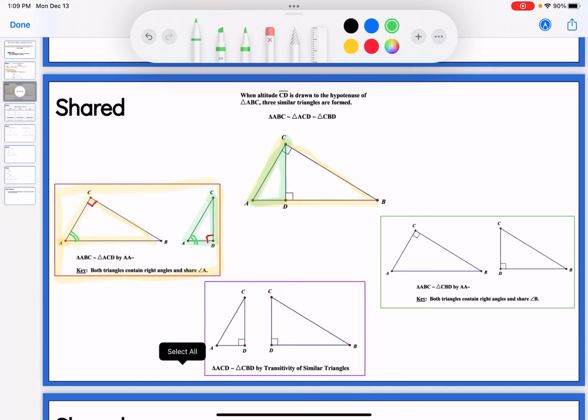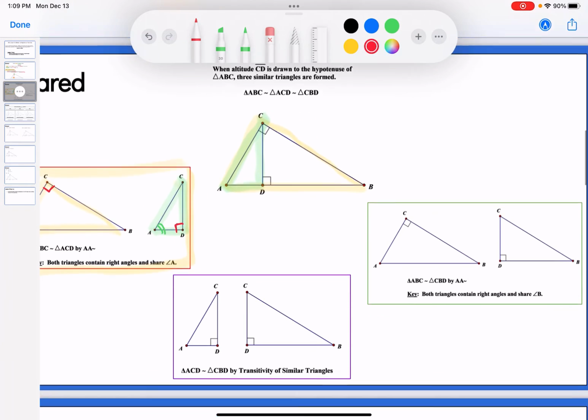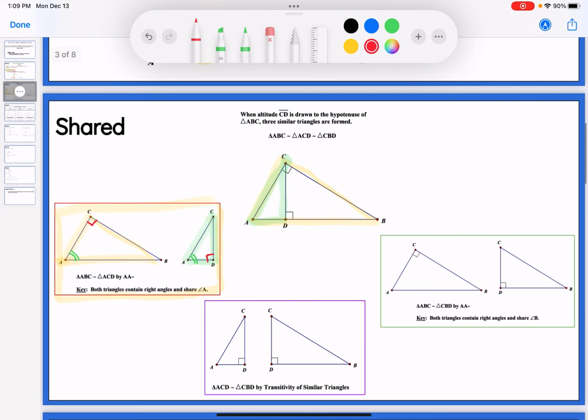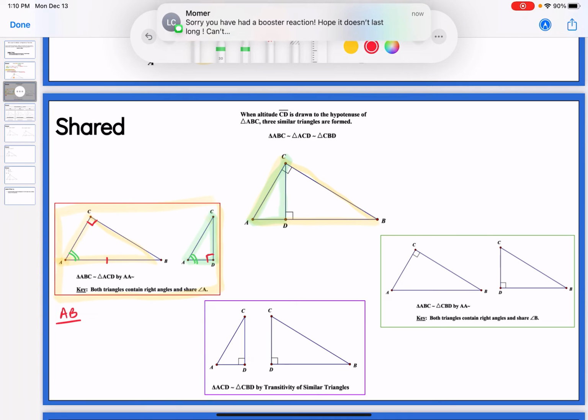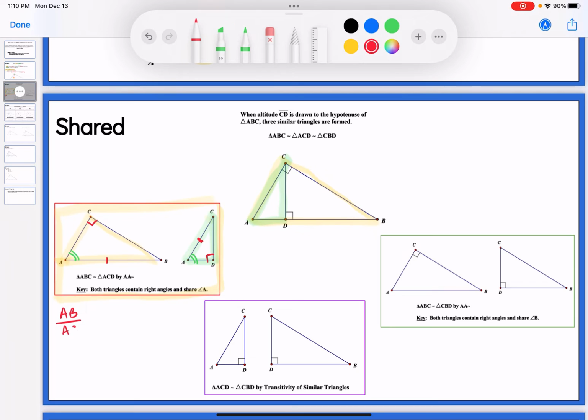So when I have similar triangles, like we learned in chapter 8, I have three pairs of sides that are corresponding, and the ratio of sides is the same, right? So I have the hypotenuse of this one, AB, over the hypotenuse of this one, AC, right?